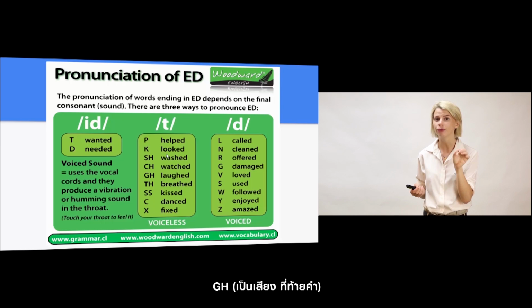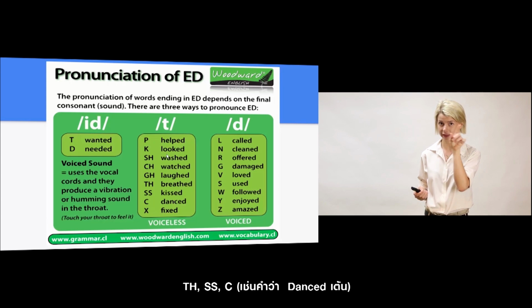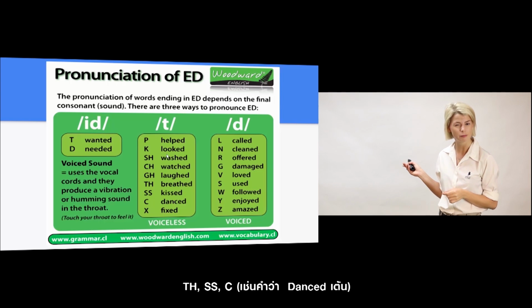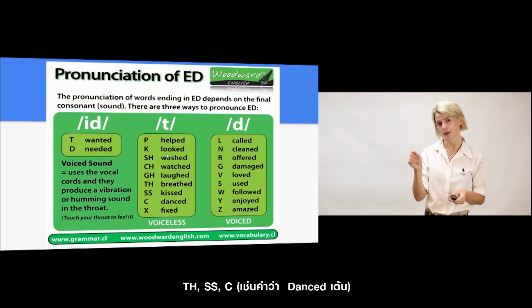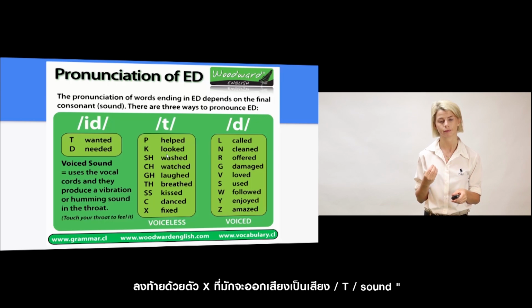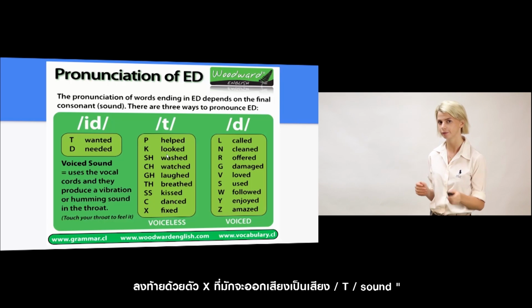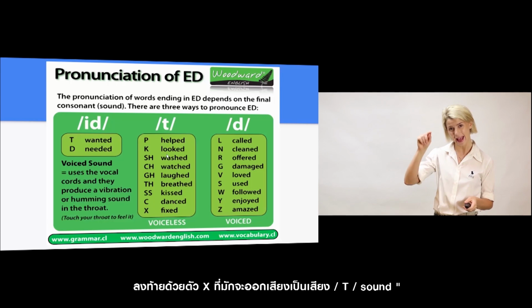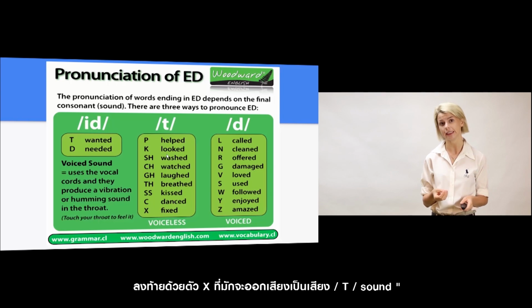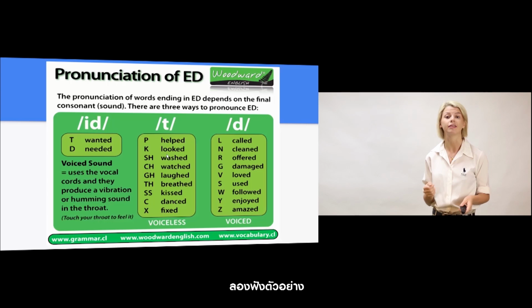GH is F sound at the end of a word. Th, C, which is S sound, we know that already. Example is dance. The word ends in C, but it's S sound, dance. Or X. Again, we know letter X. If your verb ends in these letters, the pronunciation of ED is T sound. Let's hear some examples.